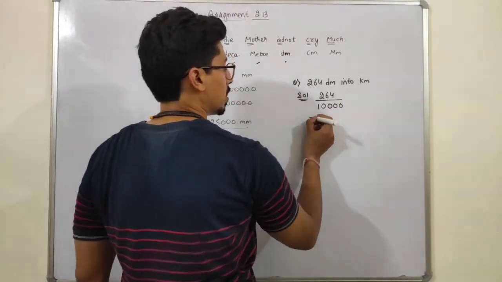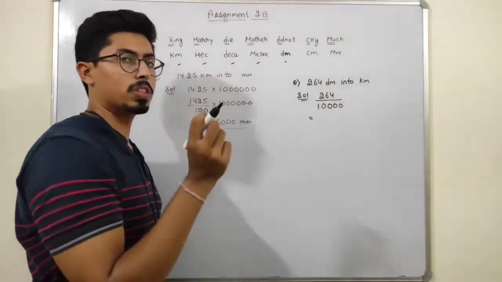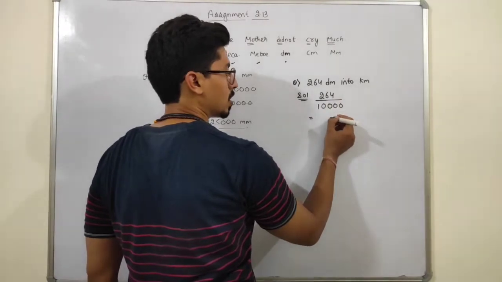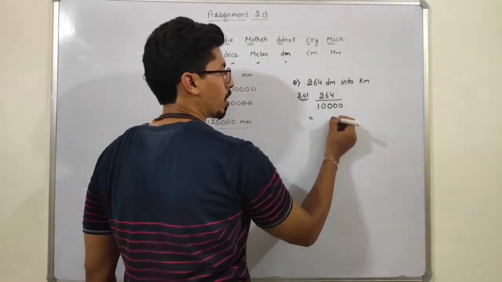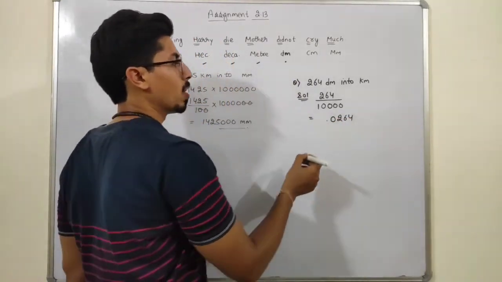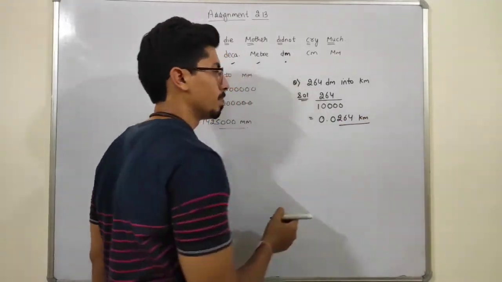Now there are total 4 zeros, so I have to put the decimal before 4 places. But there are total 3 digits, so put an extra 0. So it will be 0.0264, or I can just write it like this, and it will be in kilometer now.